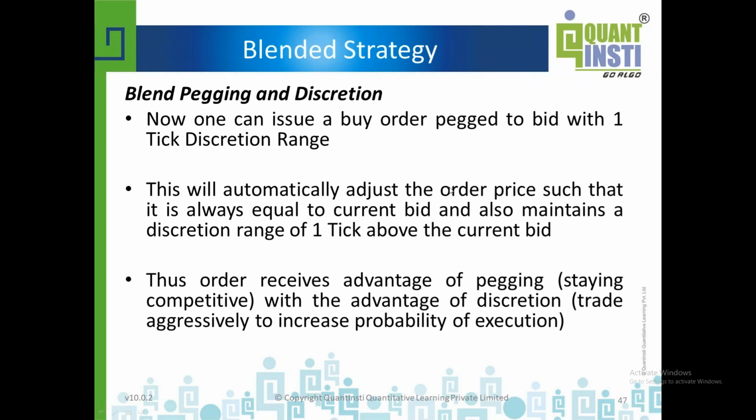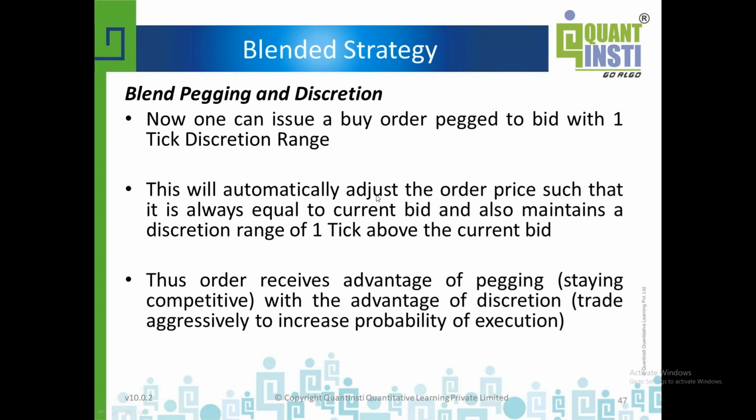So for example, what I'll do is I can write an algorithm which will peg my order to, say, 5 cents of the best bid, right? So if the best bid is at 100, I will peg it at 100.05, and I'll have a discretion range of say 20 cents.